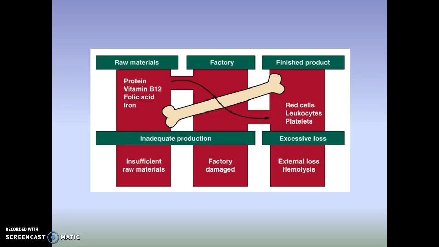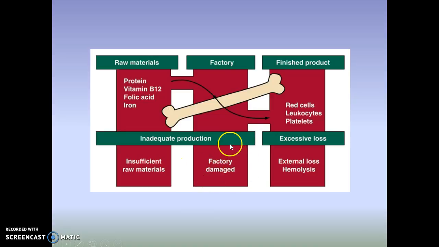All right, this is just a diagram that gives a picture to the previous slide. So inadequate production, you're looking at the factory here, the bone marrow. Insufficient raw materials, which could be different proteins, vitamin B12, folic acid, and iron.